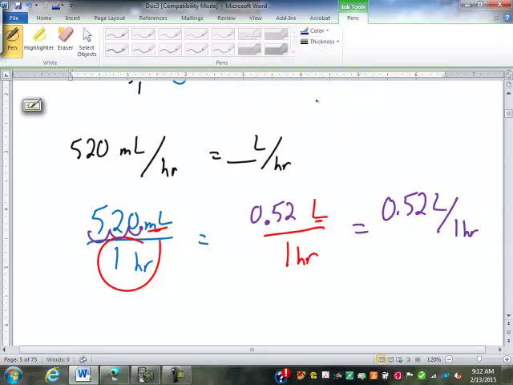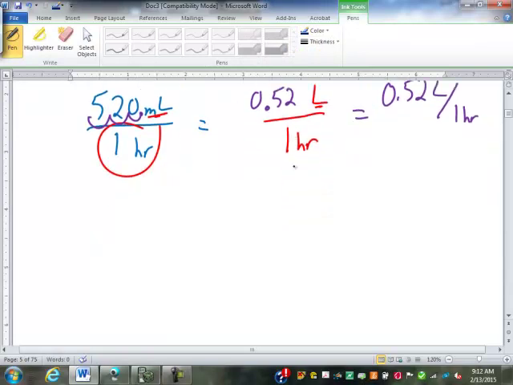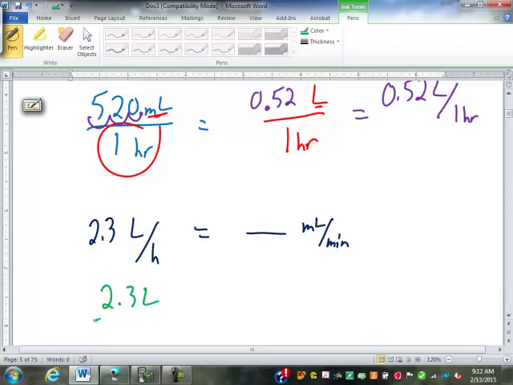What if I wanted to change the time as well? Let's say I have 2.3 liters per hour, and I want to convert that into milliliters per minute. Well, I make this 2.3 liters over 1 hour. To convert liters to milliliters, I am going how far? 3 to the right.